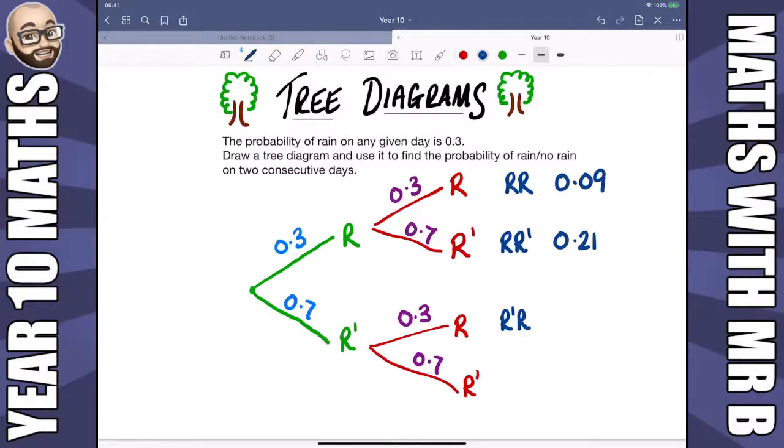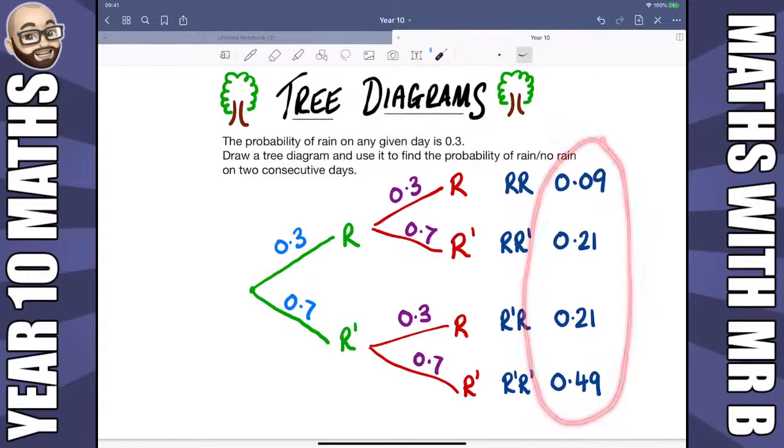So this is 0.7 times 0.3. And the last one is no rain and no rain, which gets me 0.49. And now you can always check that these numbers are correct because these numbers here should always add up to 1 because they're the only combinations of things that can happen.